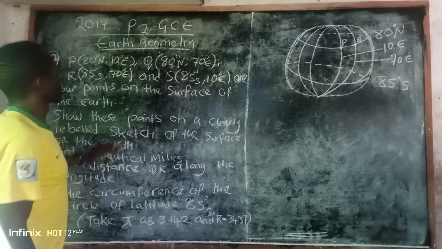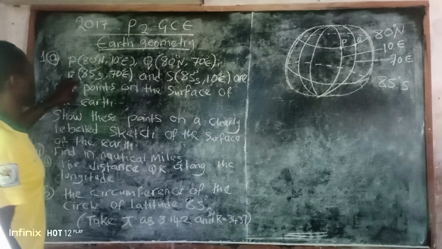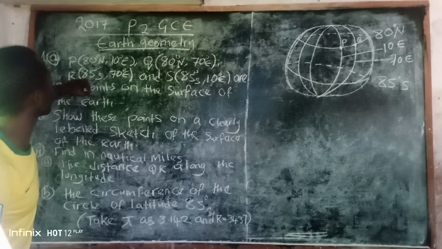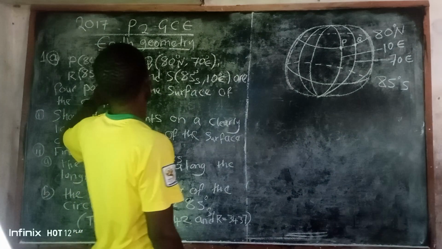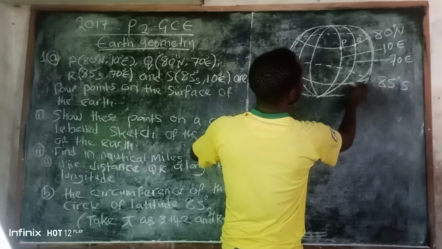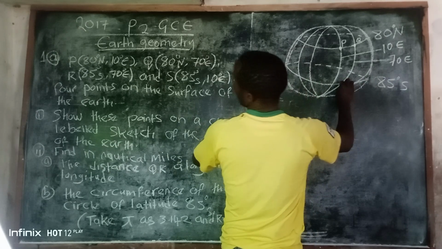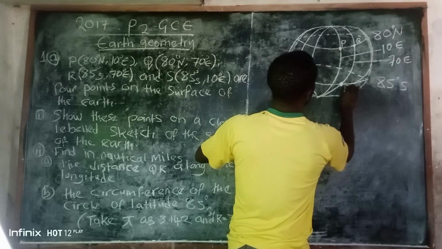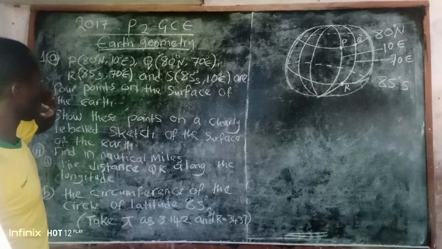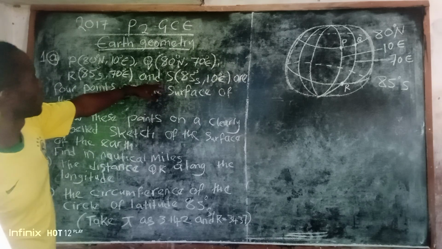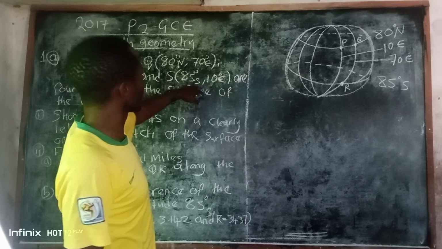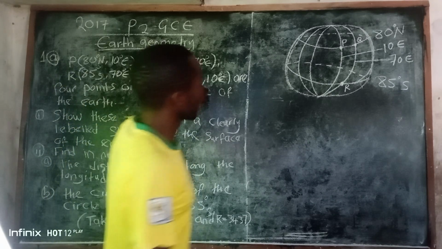Then from there we come to R. Point R is located on 85 degrees south, 70 degrees east, so it's here. Then S. S is located on 85 degrees south, 10 degrees east.